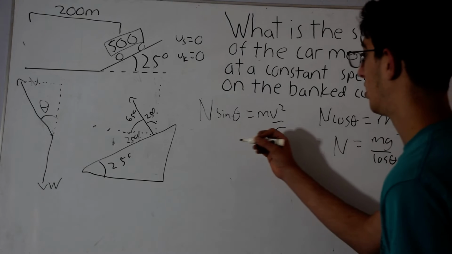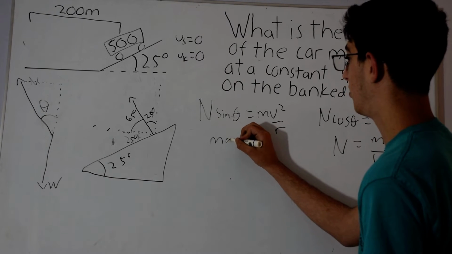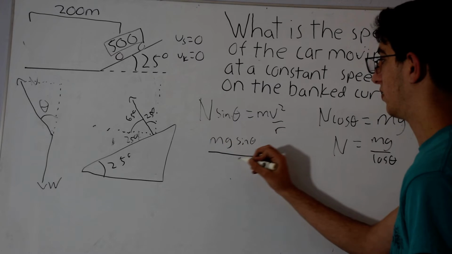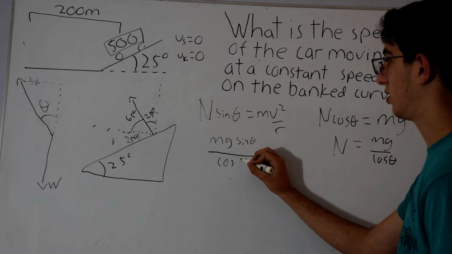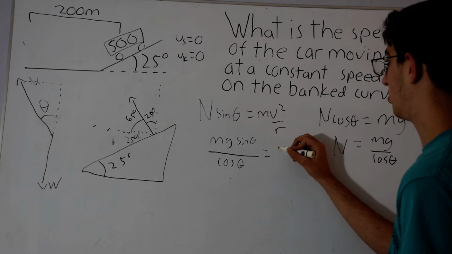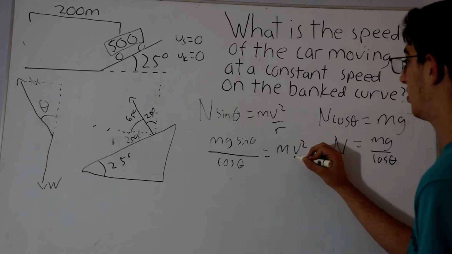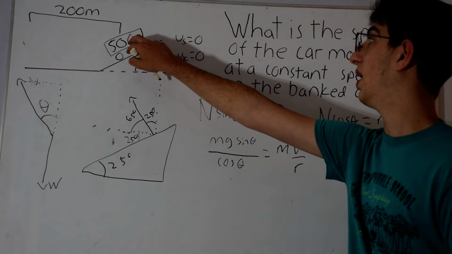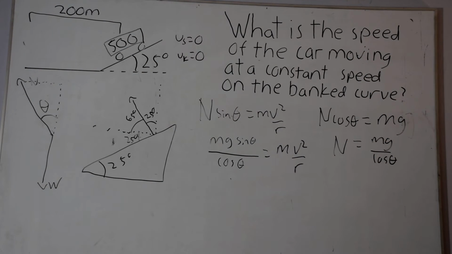So, mg sine theta over cosine theta is equal to mv squared over r. Okay, well, we can see that the m's cancel out, so it didn't really matter what the mass of this car was, and all cars are going to have to go at the same speed.